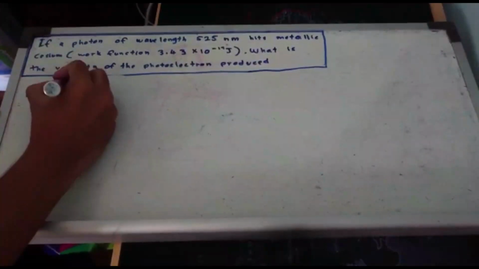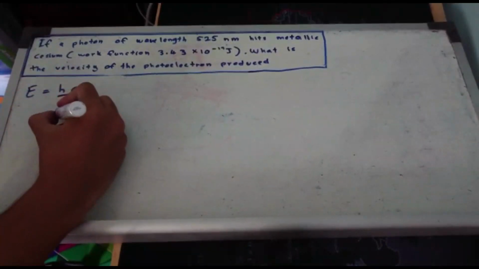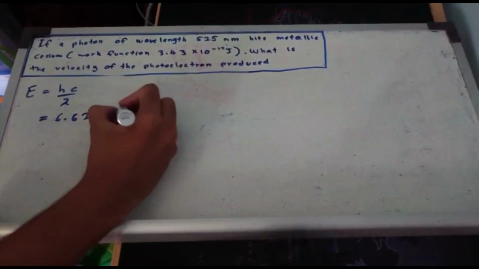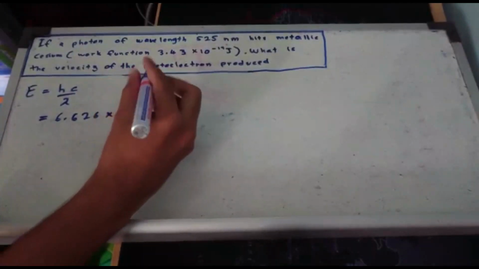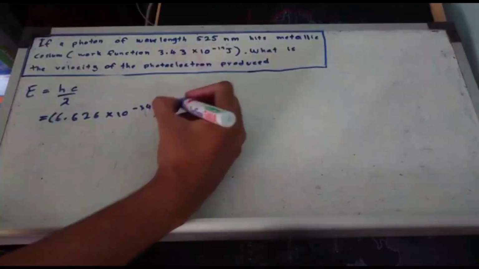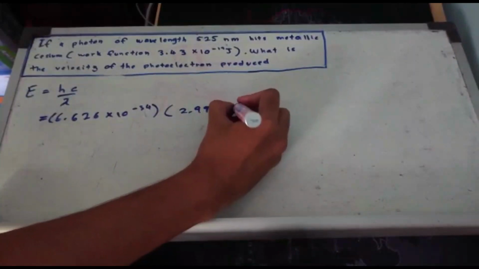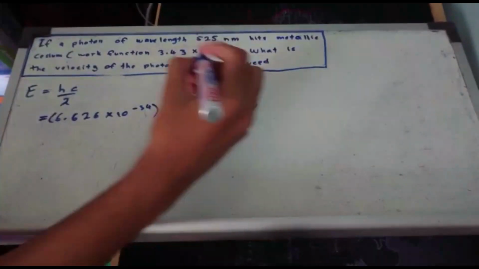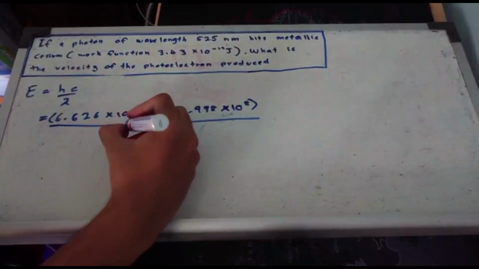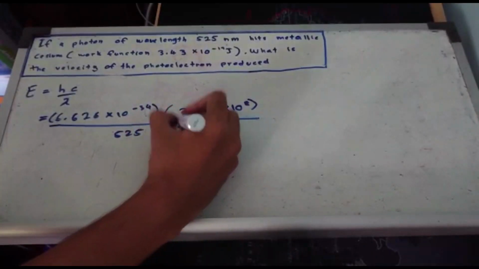E equals h times c over lambda. h is the Planck constant, which has the value 6.626 exponent -34, times c. c is the speed of light, which is 2.998 times 10 power of 8, and the lambda from the question is 525 exponent -9.